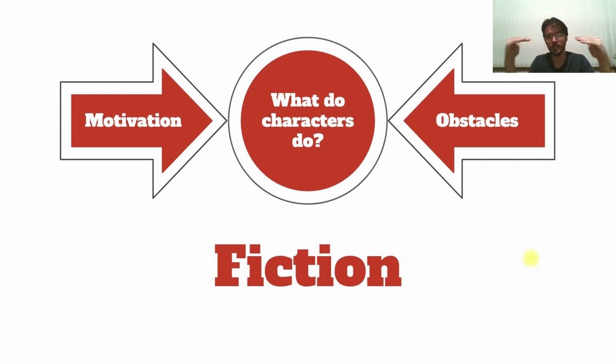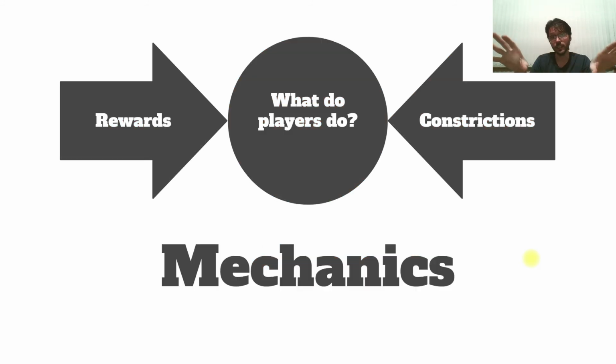And this moving back and forth is what creates the drama in the fiction. The gray circle and arrows represent the mechanics. What players do is how they engage and interact with the mechanics, the tools they have available, and they are motivated to use this because of the rewards they get, and they are limited by the constrictions the system presents.